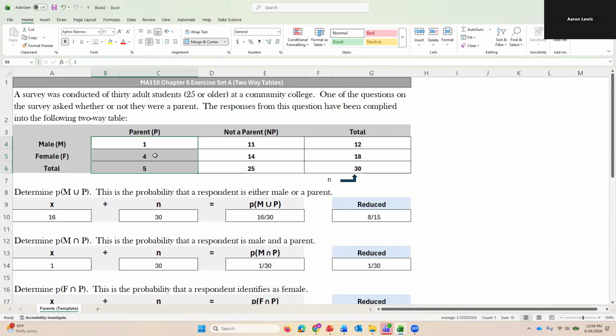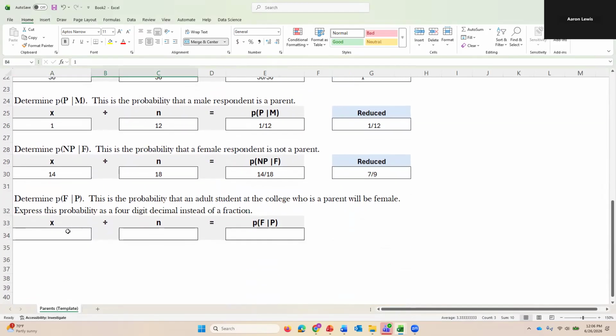Four out of the five students that responded that they had kids identified as female, or four-fifths of them. So four divided by five would be four-fifths, but in decimal form, to four digits, it comes out to 0.8000. So 80% of the parents that responded to our survey were moms.